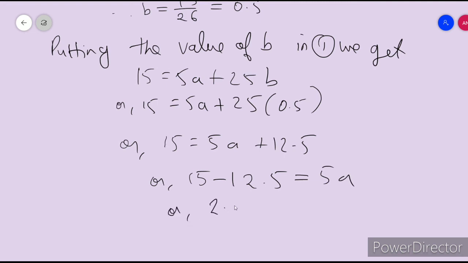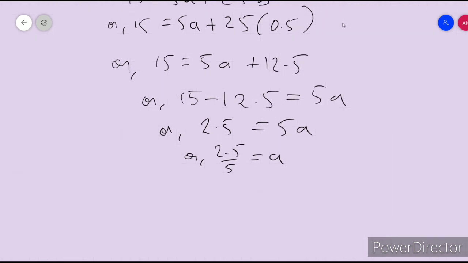So we get 2.5 equal to 5a. If you divide 2.5 by 5, you get a equal to 0.50.